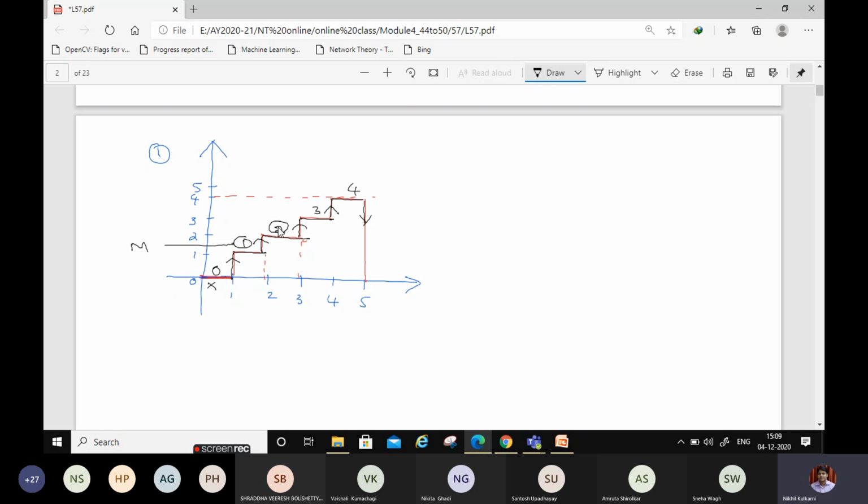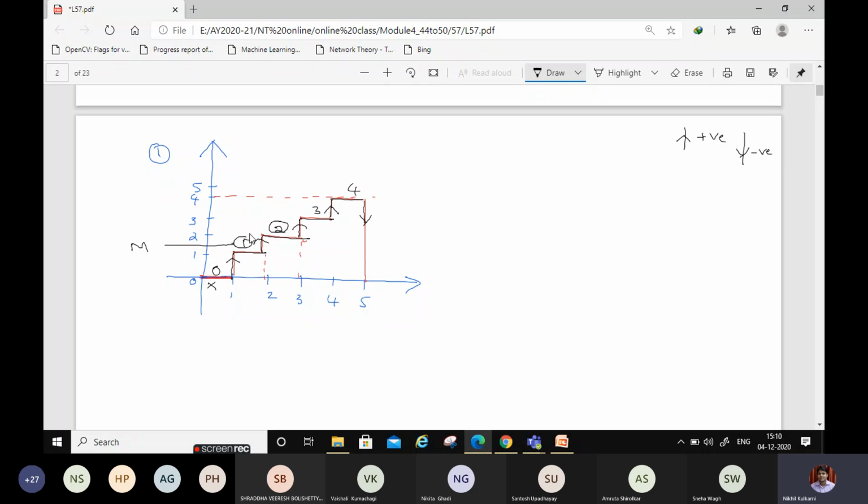What is the change in magnitude? It is with the unit of 1, right? Anything going upwards in the step signal, you take as positive, and any magnitude going downwards, you assume as negative.